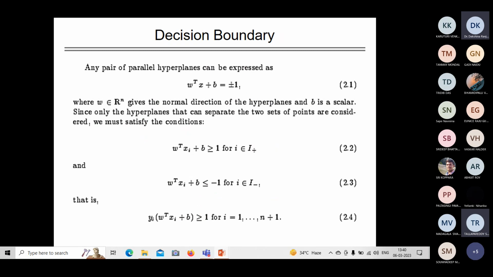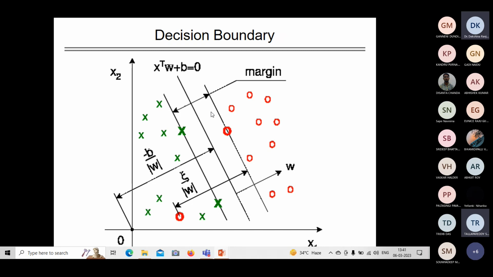Now, if we have a pair of parallel hyperplanes, then that can be expressed by this expression: W transpose X plus B equals plus minus 1. Why plus minus 1? We know that the equation of the hyperplane is W transpose X plus B equals 0. Now what will be the equations for these two class boundaries, the class boundary for green points and the class boundary for red points?